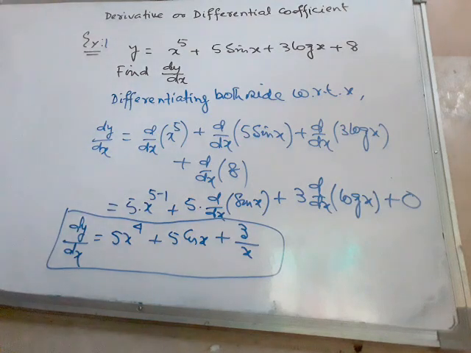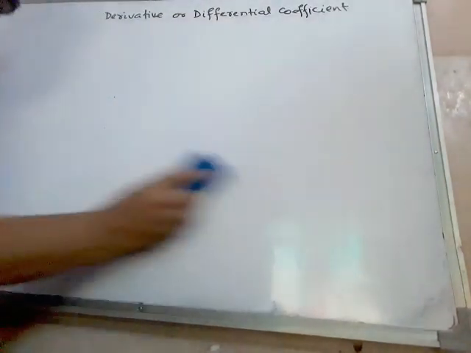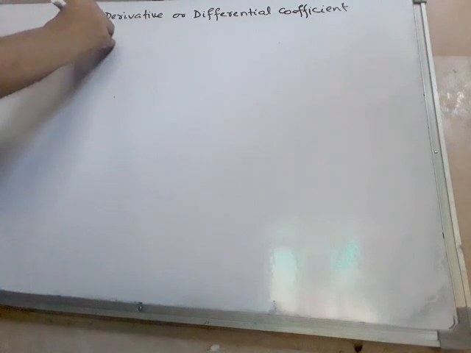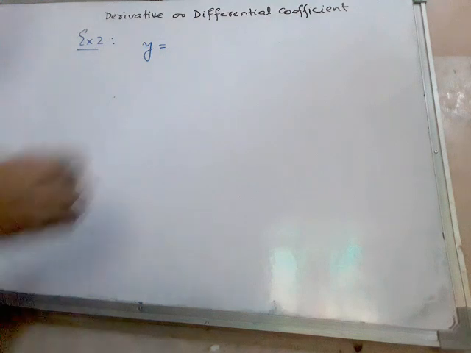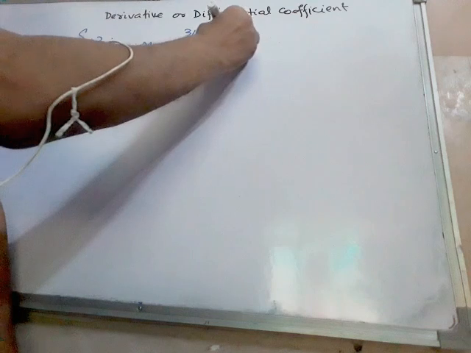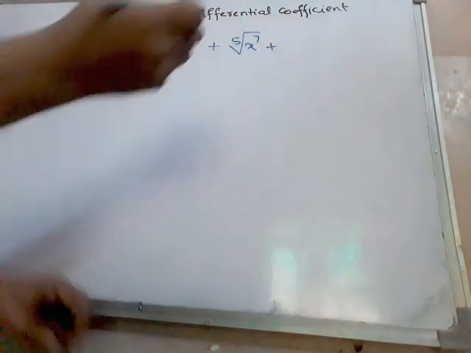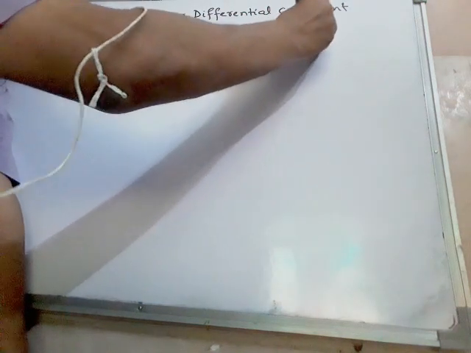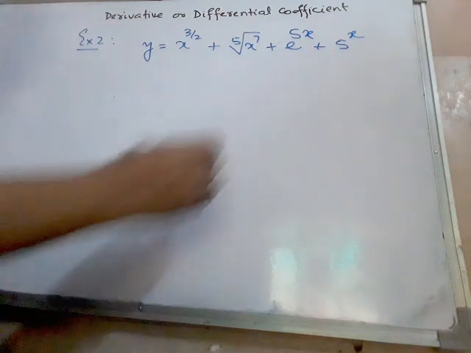Example number 2. For the second example, we are giving another type. Say y equal to x to the power 3 by 2 plus fifth root of x to the power 7 plus e to the power 5x plus 5 to the power x. The question asks to find dy by dx.